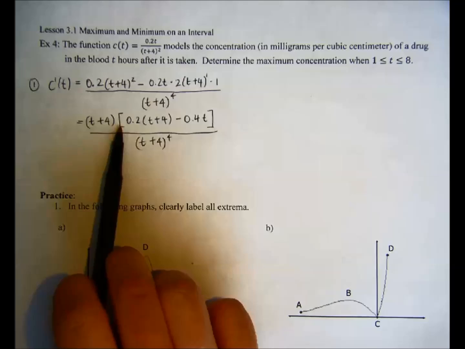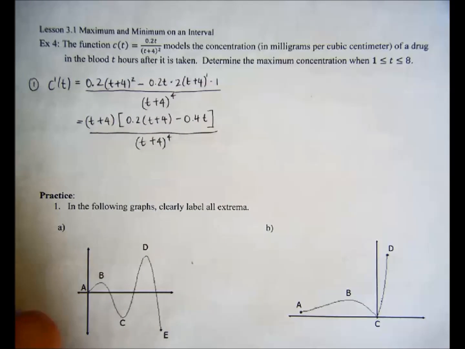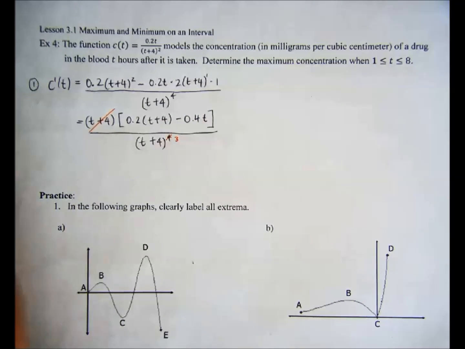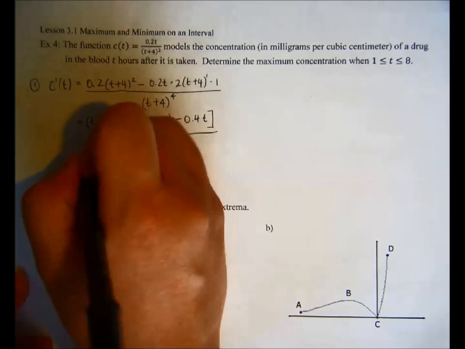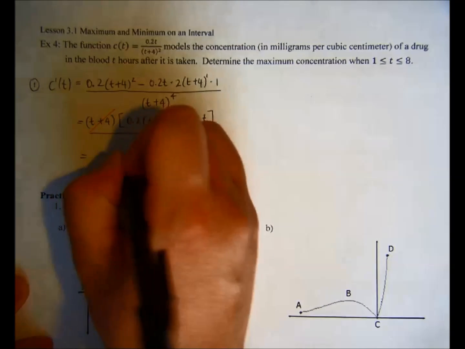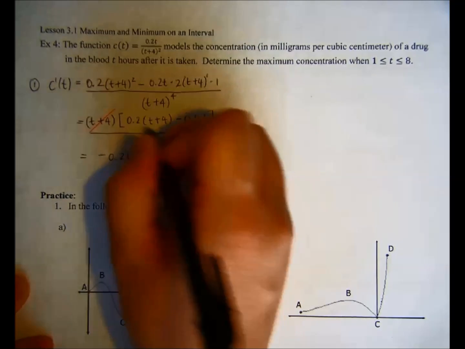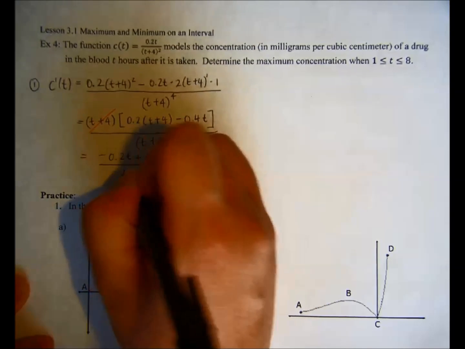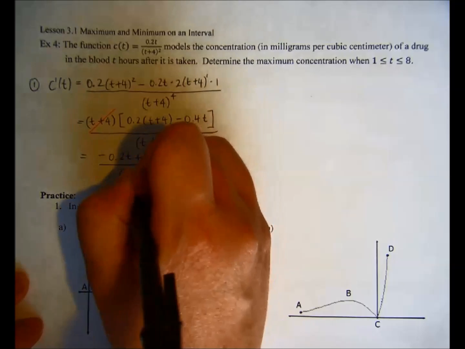So I have a (t plus 4) here and a (t plus 4) to the exponent of 4 here, so I can cancel, and I will end up with 0.2t minus 0.4t, so that's negative 0.2t, plus 0.8, over (t plus 4) to the exponent of 3.